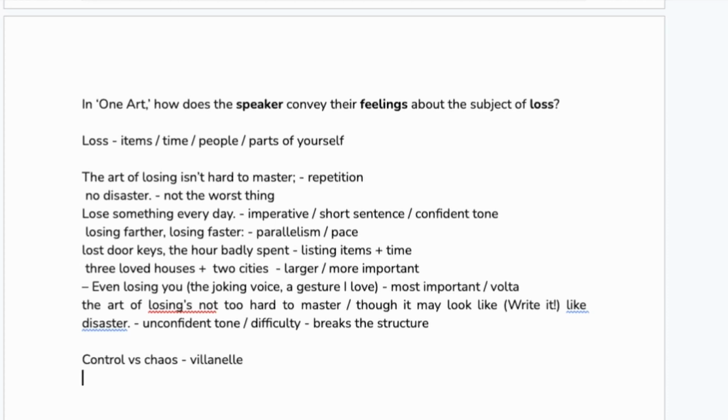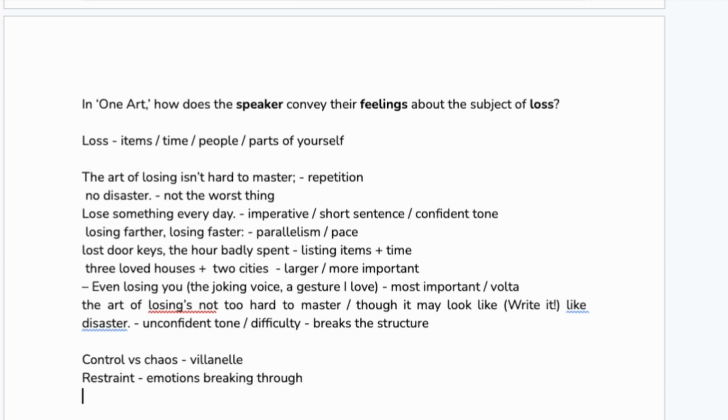So even if you didn't know that word villanelle, you can still notice the way that the strict repetition at the beginning degenerates into a partial repetition at the end, and that shows her emotions kind of breaking through, almost like the poem is actually to herself to try and convince herself that it's okay that she lost this person. So there's a lot of sense of restraint here, but also emotions kind of breaking through the restraint.